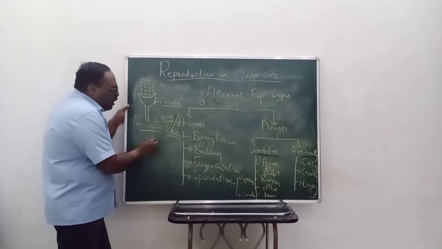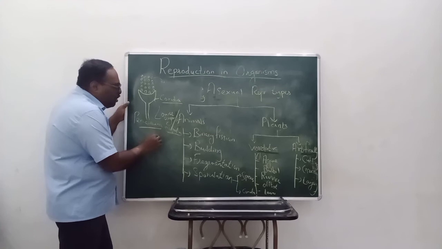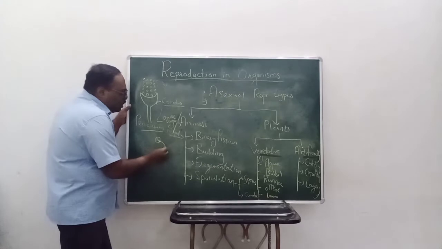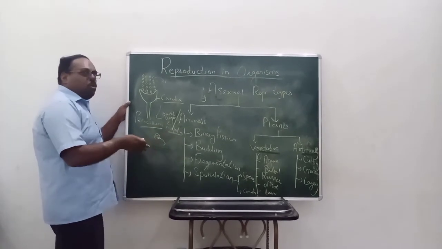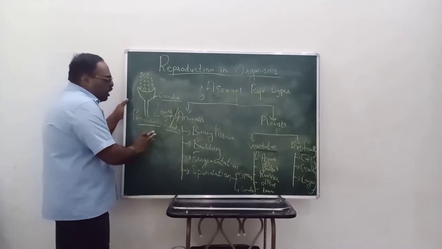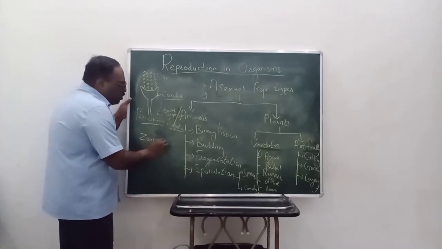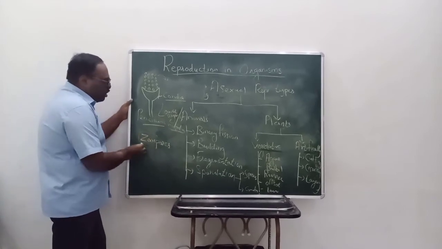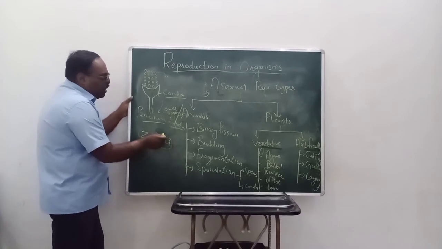That means the genetic material will be inside, covered with a thick covering, and this will fall down wherever it is, and it can develop into a new organism. And you might have also heard that spores are of two types. One spore is known as zoospores.